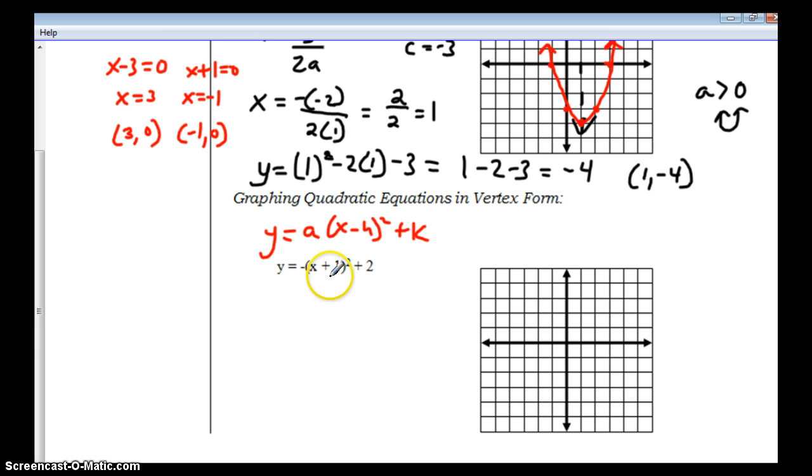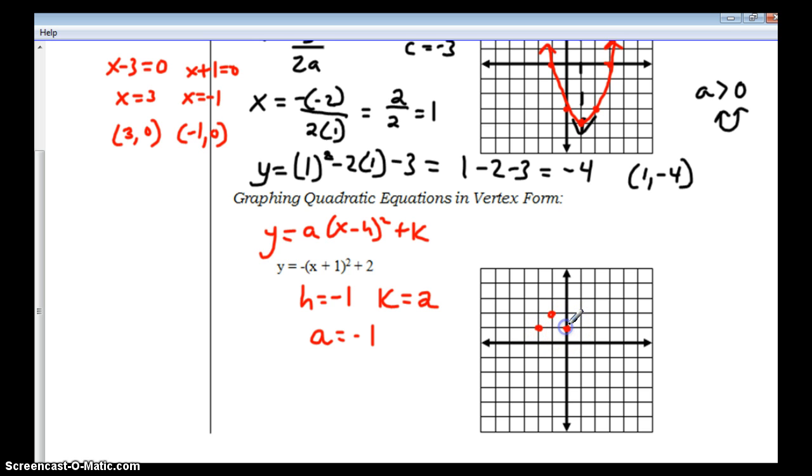So for our equation that we're going to be graphing, our h is -1 and our k is 2 and our a is -1 as well. So our vertex would be (-1, 2). And our a is going down because it's negative. Our parabola is going down because our a is -1.